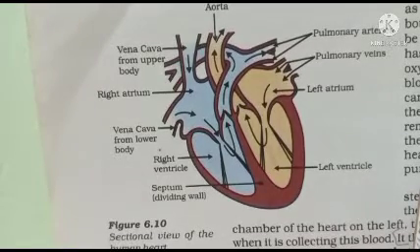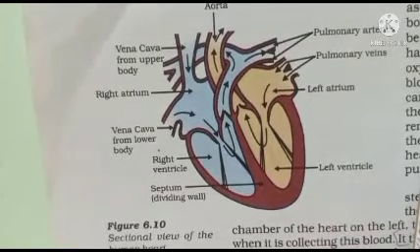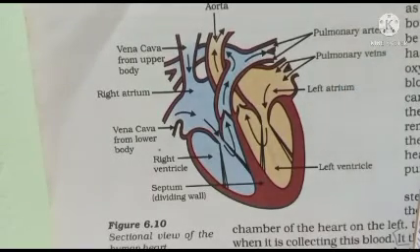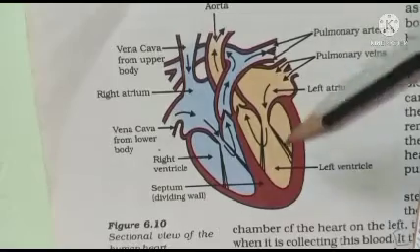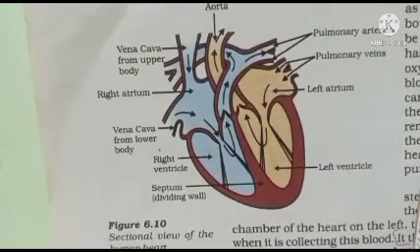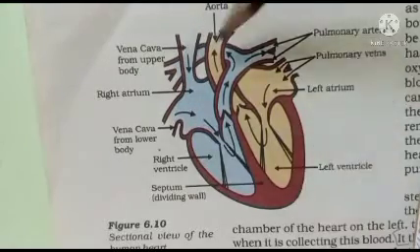That is, to all the parts of the body, the blood has to be pumped. That's why the blood should be pumped with a great force. So for that, the wall is very thick in the ventricles when compared with the atrial wall. I hope you have understood about the structure.